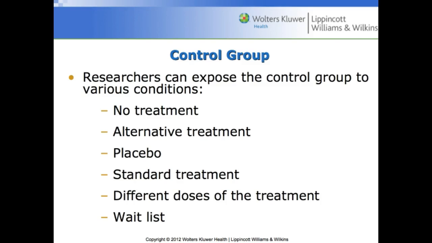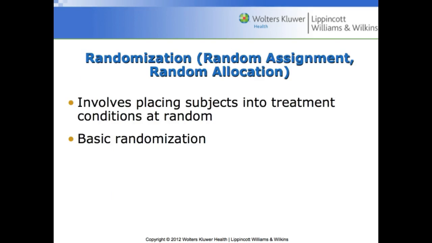It could be that they just have the standard treatment that was being done, like if you're doing a test on a nursing unit, it wouldn't be that they didn't have any treatment, they would just have what was standardized previously. It could be different doses than what's being given to the other group. Anything like that could impact how they handle the control group.